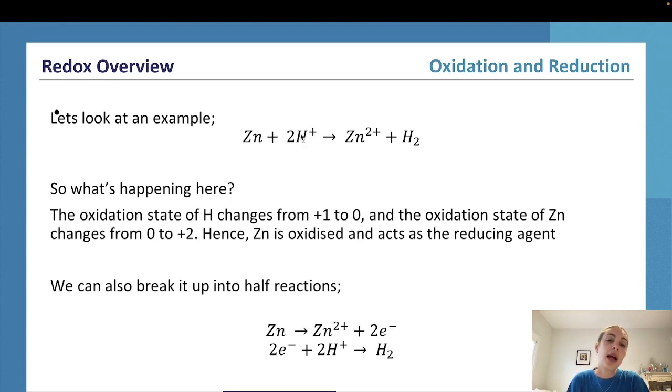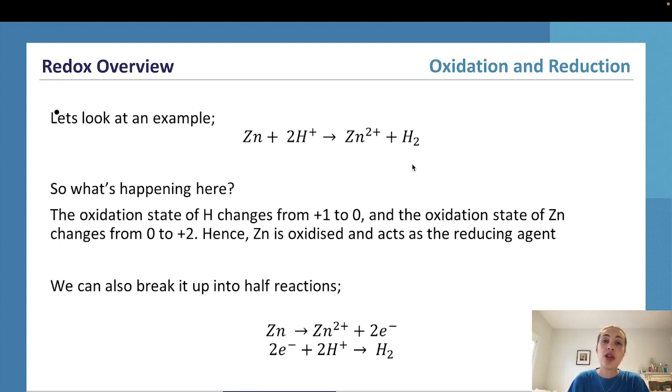We can then look at hydrogen, and we can say that hydrogen is going from a 1+ charge to a charge of 0, so it's becoming more negative. It's going from 2+ with those 2 there, so 1+ per hydrogen, to 0.